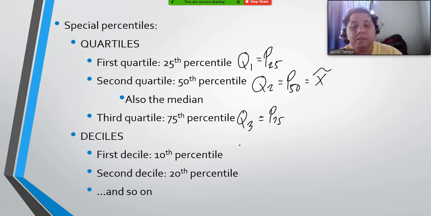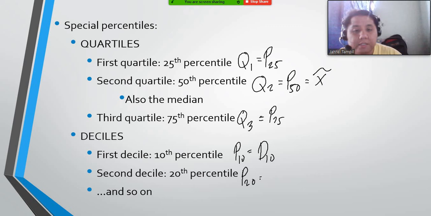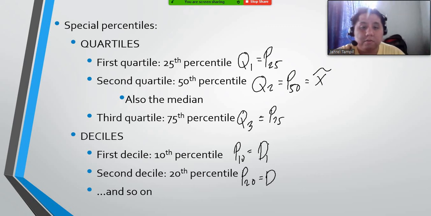Similarly, the 10th percentile is equal to the first decile, and the 20th percentile is decile 2, and so on. So these are special percentiles because they're dividing the dataset into different parts.